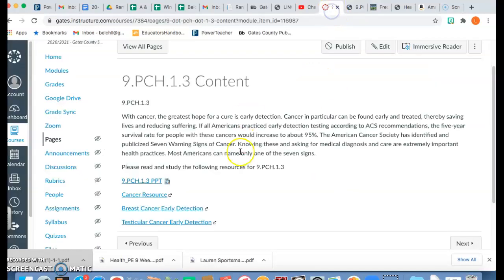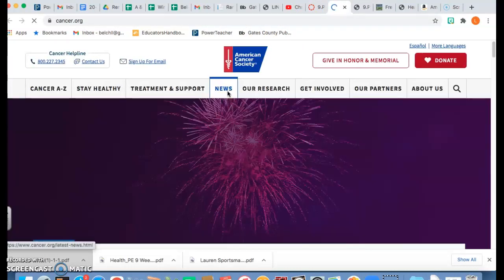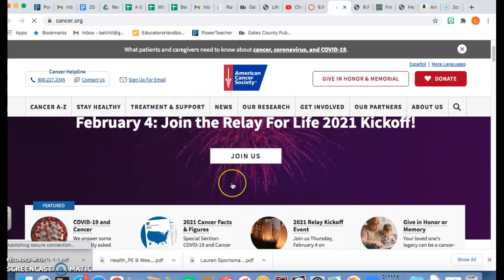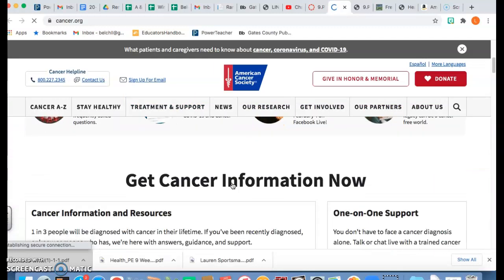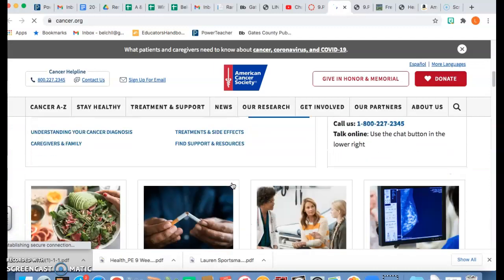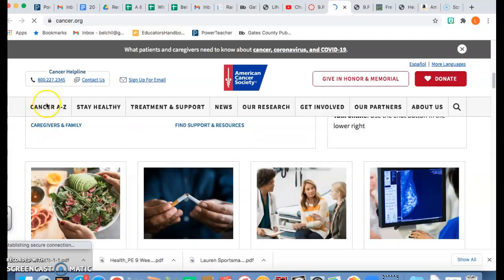So that covers the content for the PowerPoint. Like I said, you can view these websites here on your own time. I'm not going to read through the whole thing, but I'll just hit on some of the basic points. This is the American Cancer Society webpage that you can find any information about cancer in general, all different types of cancer, and where to get help.